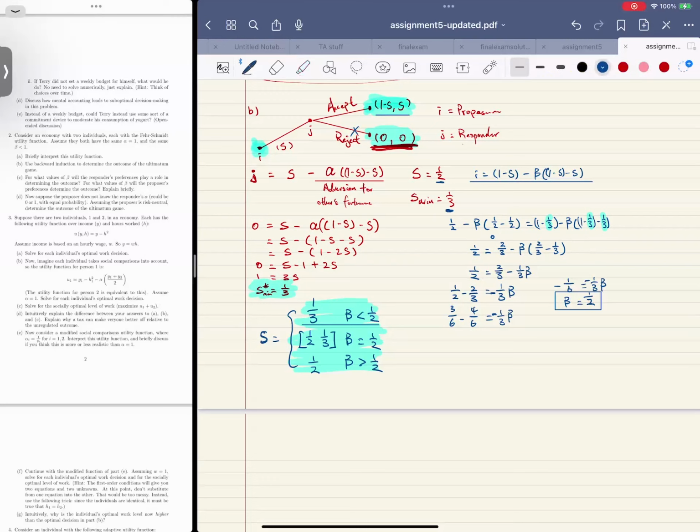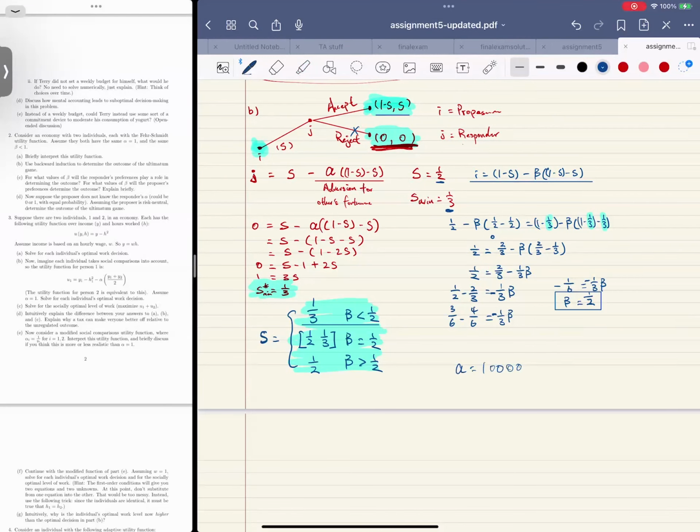If your alpha is like 100, I guess even if I give you the whole money, you will still feel it's not fair.